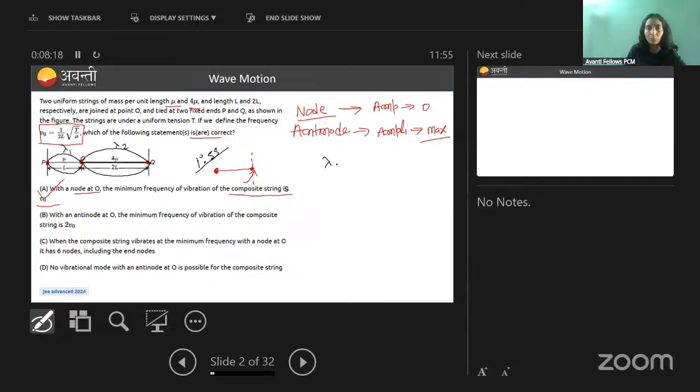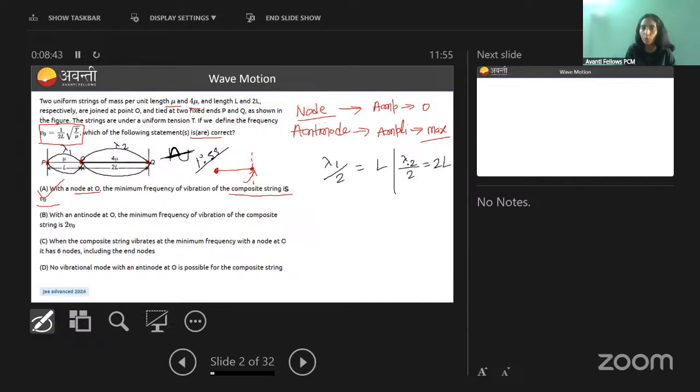Then lambda 1 by 2 can be written as L, because whole lambda is this distance. So if we talk about just the separation between these two points, then it will be lambda by 2. So lambda 1 by 2 is L, and similarly lambda 2 by 2 is equal to how much?